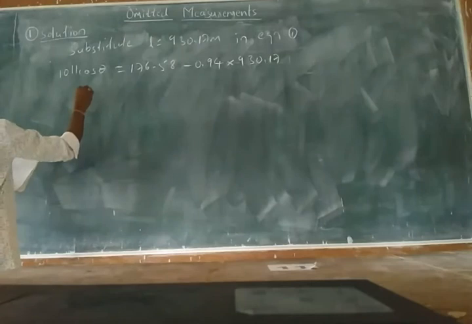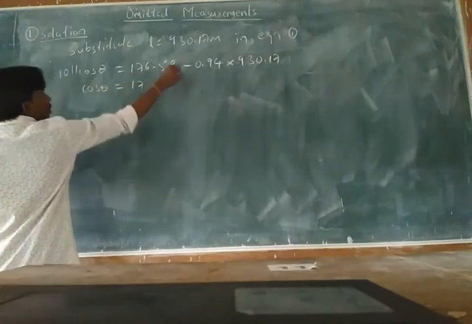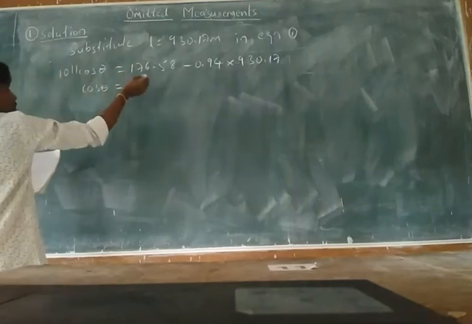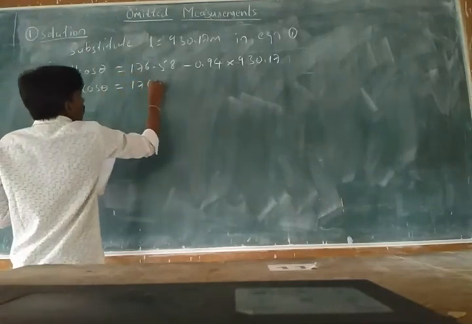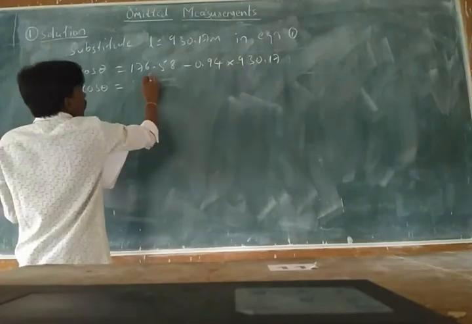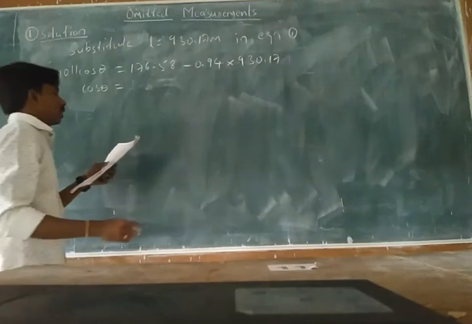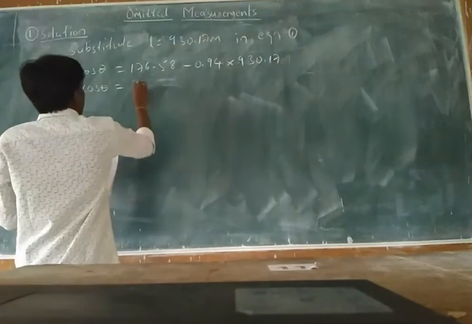After this, just write cos theta is equal to, keep this as it is, just send this 1011 this side, 176.58. So actually solve these things, and you will get the value of minus 697.78.